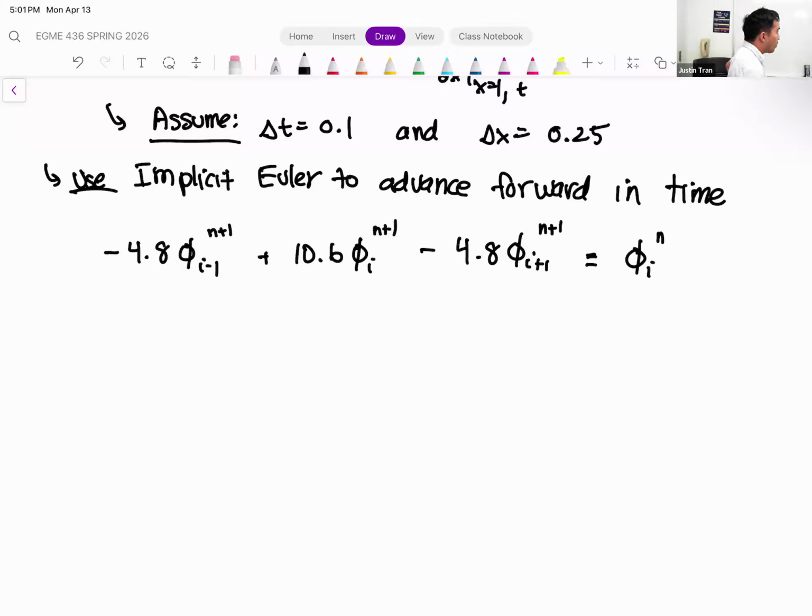Applying our parameters here, time step size, grid spacing, convection velocity, and diffusion constant, we get coefficients of minus 4.8, 10.6, minus 4.8. Just like we did before, we're going to apply this at every single node in our grid.